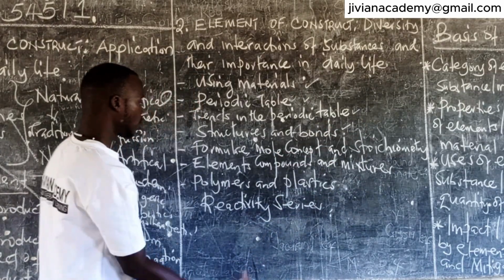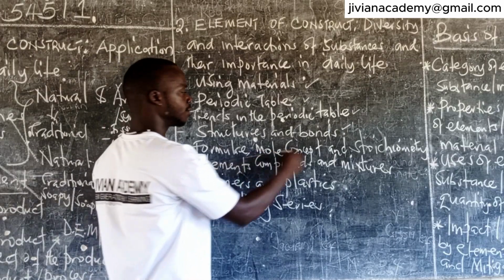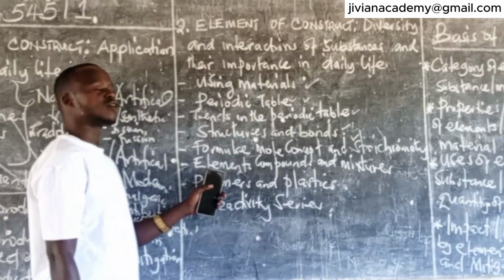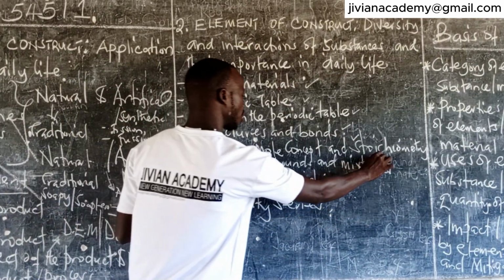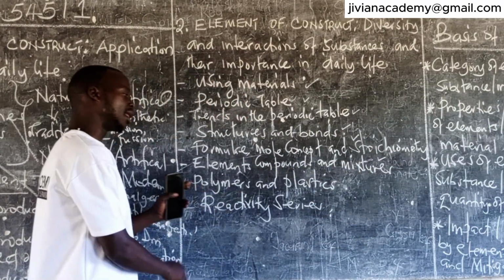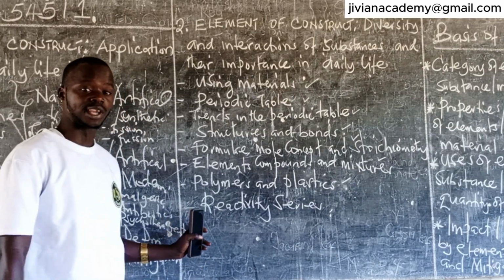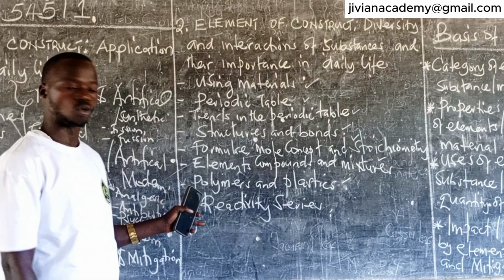As from senior 3, we have formulae, mole concept and stoichiometry. This is also a senior 3 chapter. We have elements, compounds, and mixtures. This is the senior 1 chapter. We have polymers and plastics. And then we have the reactivity series. Reactivity series is the last chapter in book 2.